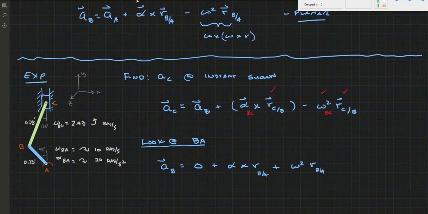Now we look at this and we see that all these are easily calculatable. This is given, and this is given. So we could find the acceleration of B that we need for our equation up above.